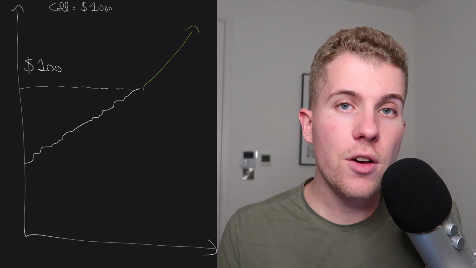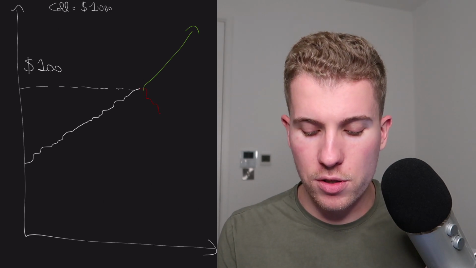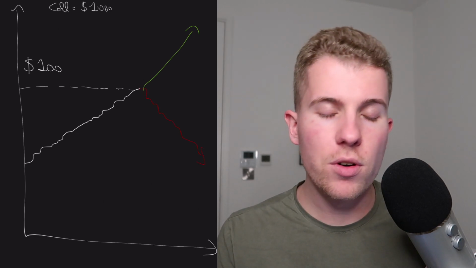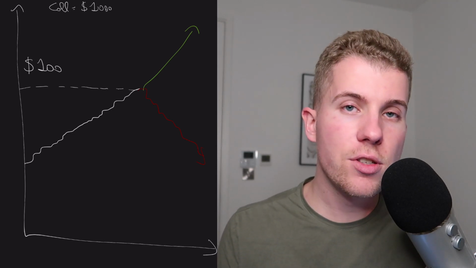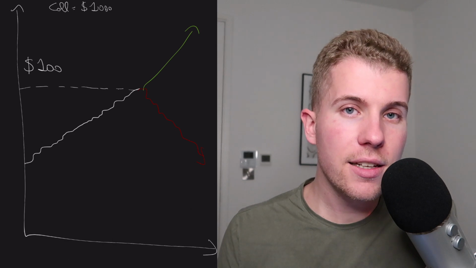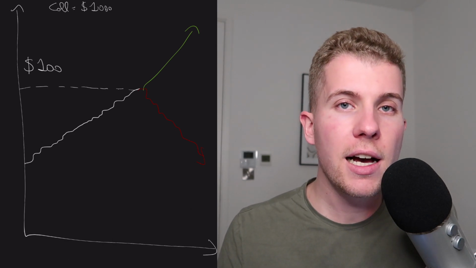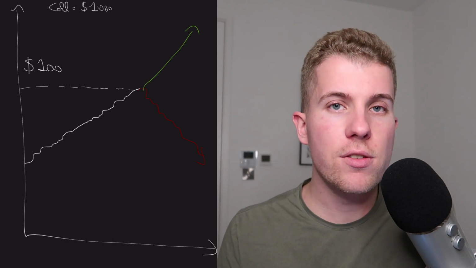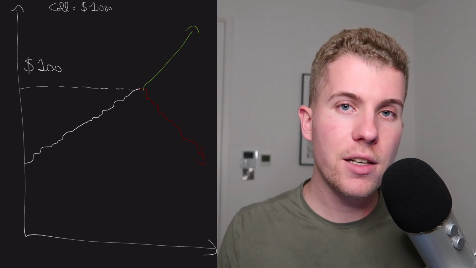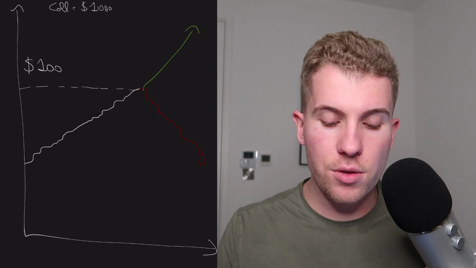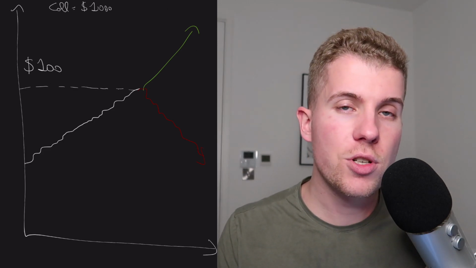That's great for you. But on the other hand, if the stock starts declining and you were wrong about your assumption, and the company fails or something happens and the stock declines, well, in that case, it's not that bad because you will only have lost your premium of $1,000. If you had bought the shares, you would be invested with $10,000 on the table because you would have bought 100 shares of that stock.